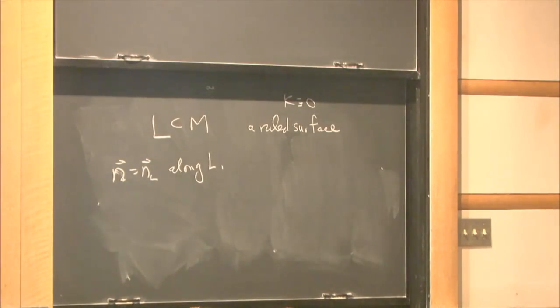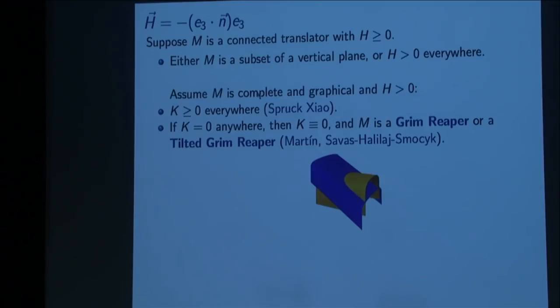Since the Grim Reaper goes from vertical to horizontal, you have an entire semicircle of those normals. You match them up along that line. Cauchy-Kovalevskaya says they're the same. So the ones that are flat are tilted Grim Reapers or the Grim Reaper itself. Since I'm assuming I started out with this, I'm not going to get the plane.